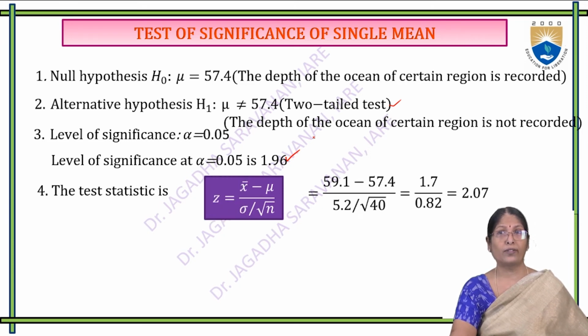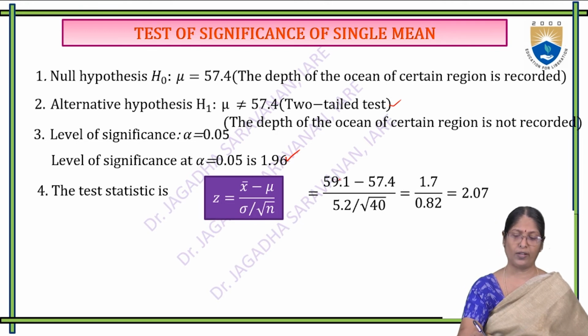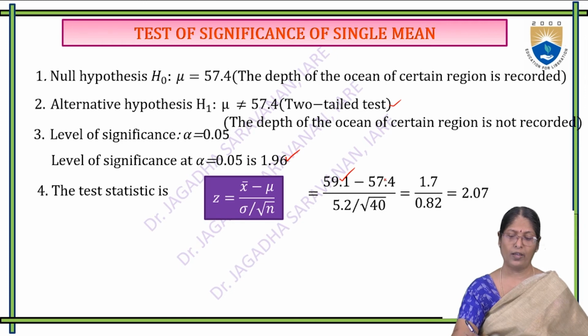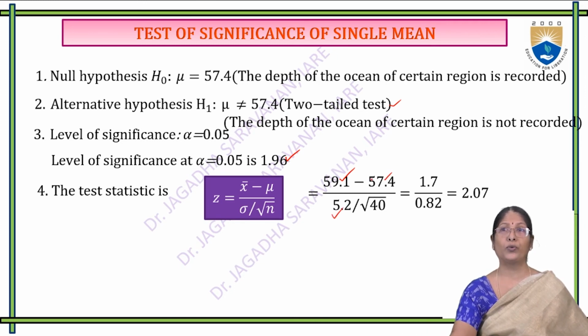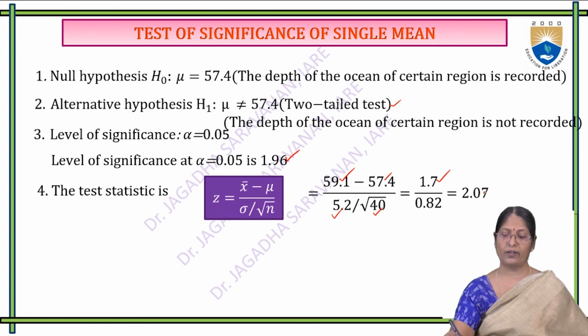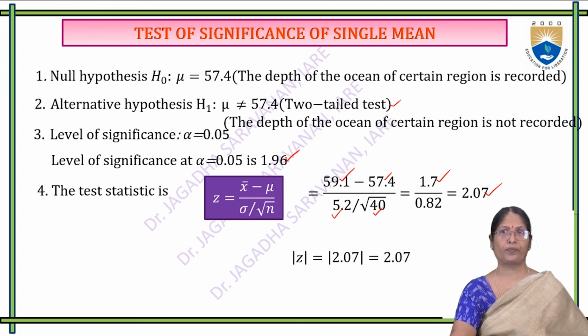The test statistic is x bar minus mu divided by sigma by root n. Replacing the values, we get 59.1 minus 57.4 divided by 5.2 by square root of 40. So we get 1.7 divided by 0.8, and the final result obtained is 2.07.